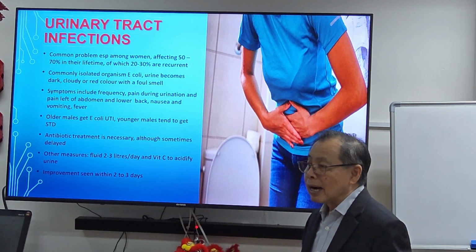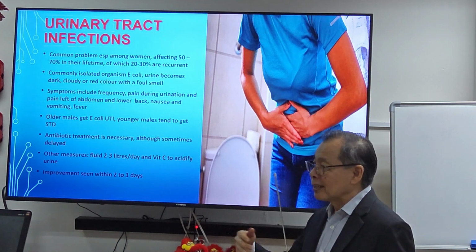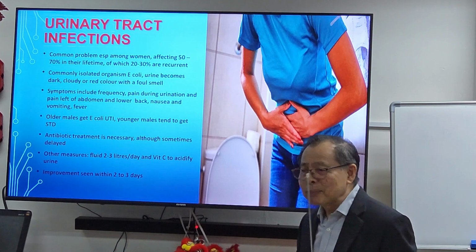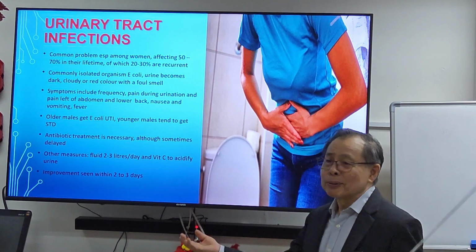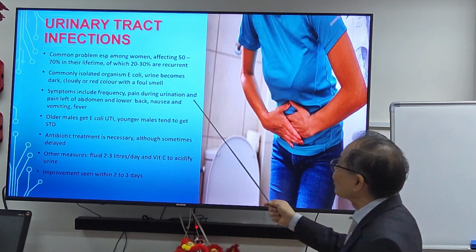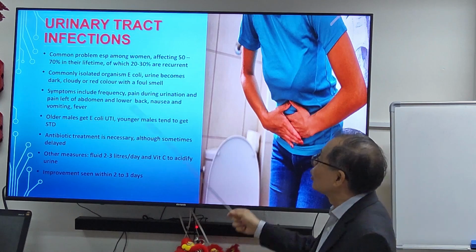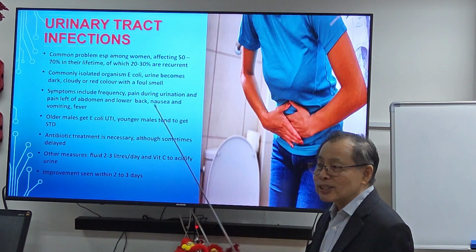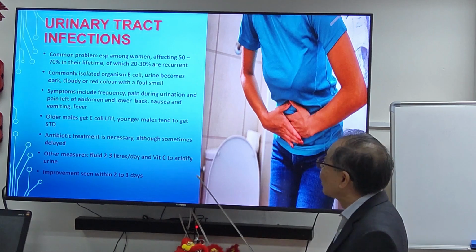Unlike peptic ulcer, which has a cause and a lot of other things, with acute appendicitis you have pain, it's thought to be the appendix, you remove it and the problem is solved. But before you assume it's the appendix, you have to make sure it's not a urinary tract infection because it's so similar.